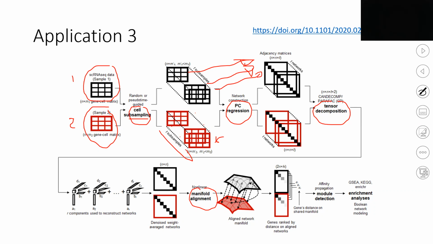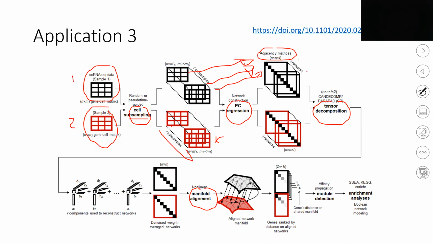So for each subsample of cells, we can create a gene regulatory network. Depending on how many subsamples you have obtained, you have that number of networks.